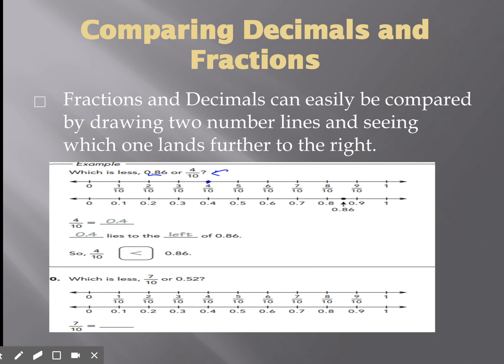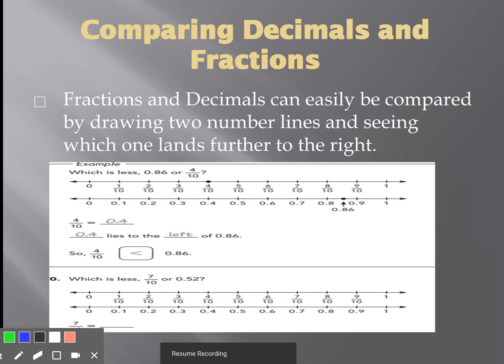They labeled 4/10. And then they did a decimal one split up into tenths and approximated where 0.86 would be, just a little over halfway between 0.8 and 0.9, and put it there. Since 0.86 is so much further to the right than 4/10, we know that 4/10 is less than 0.86.